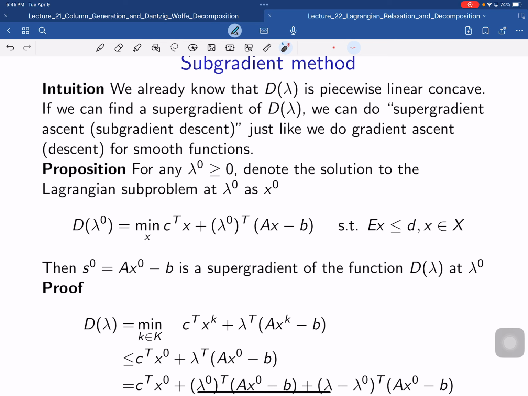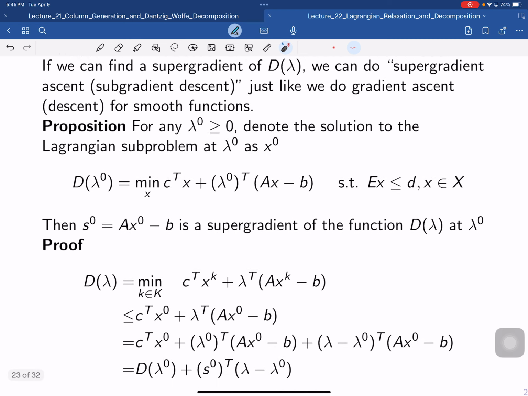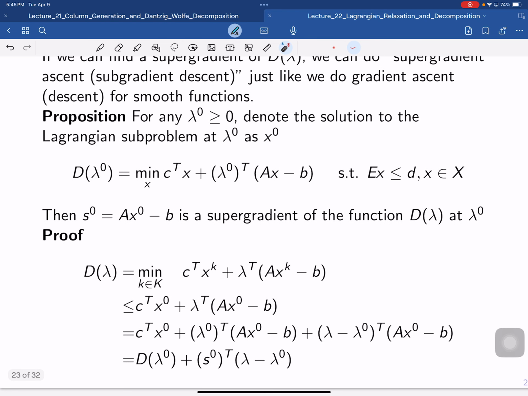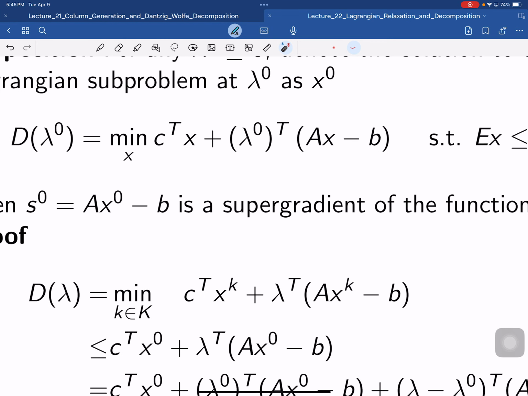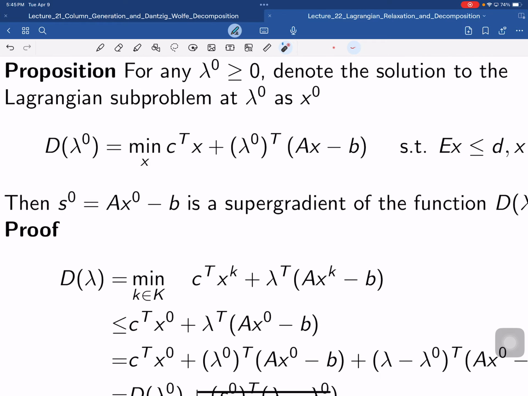Right? So if you take this supergradient, you can do something like a supergradient ascent for the function d(lambda). So why is this a supergradient? The proof can be very simple. By definition, d(lambda) is equal to the minimum over all the extreme points of this feasible region here.